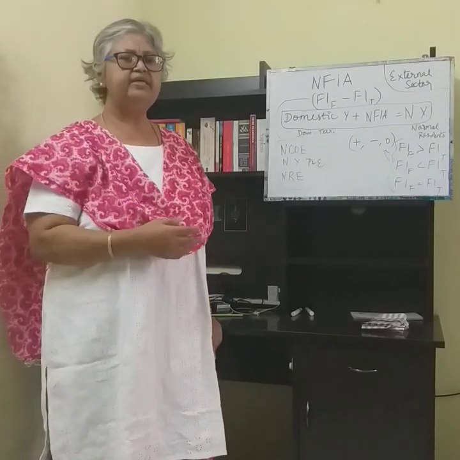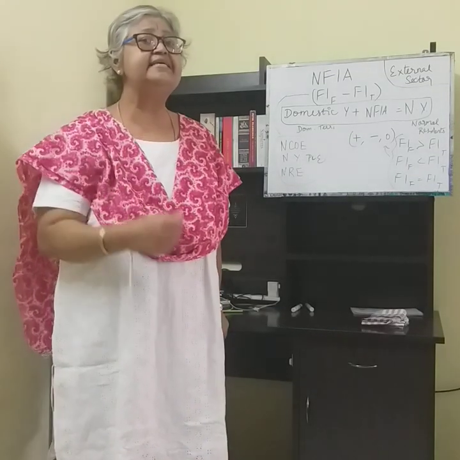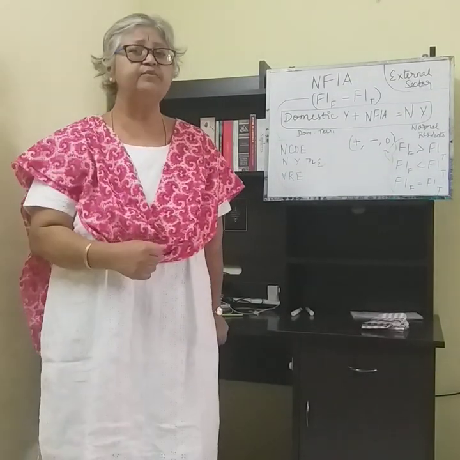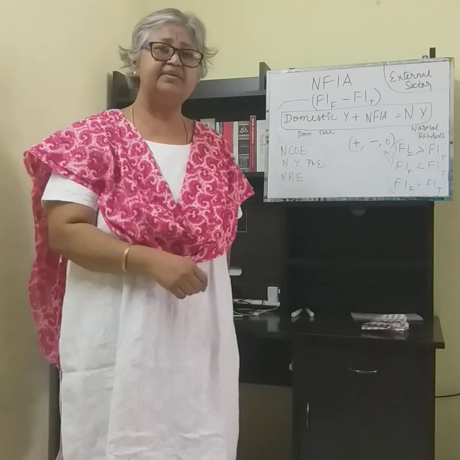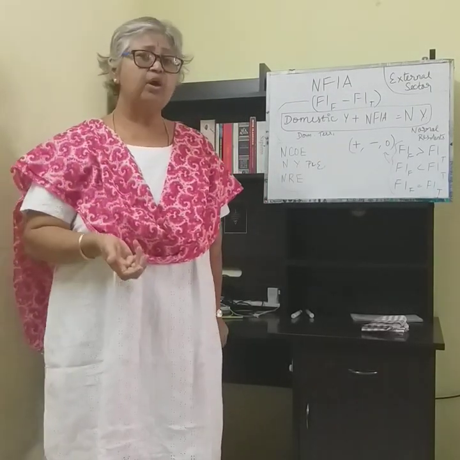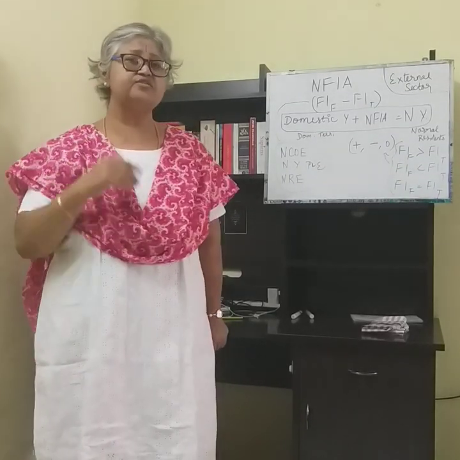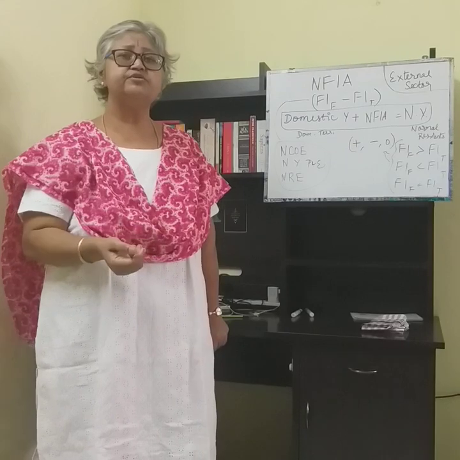The third component is that of net retained earnings. So what is this retained earnings? Again, this term you are aware of from class 11 business studies. Production units, when they make ample profit, the first payment that they have to make is the corporate profit tax. That's a mandatory payment.